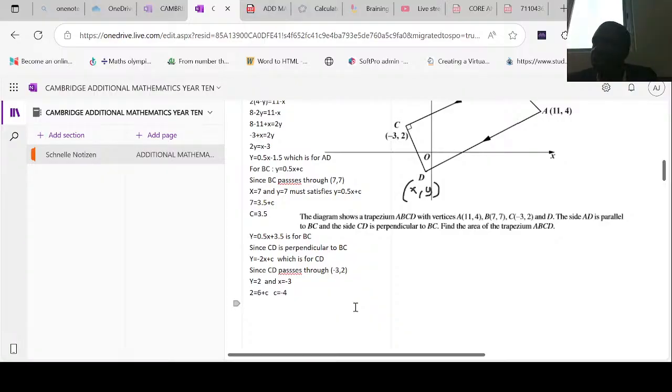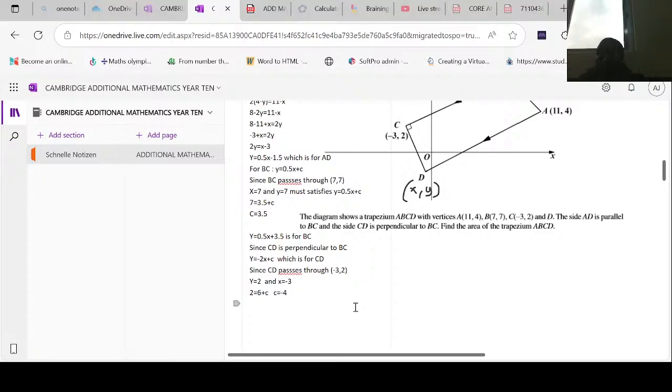So we've gotten the equations of those lines, but we need to find the values of x and y. You get it? Because we need those coordinates, those points. And remember, the way we find coordinates of points, if two lines are coming like this, is to show that those two lines will intersect because their gradients are different, isn't it?